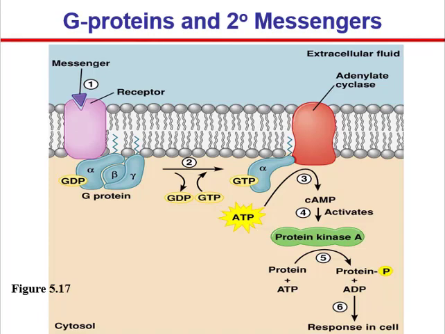And then in step 3, when it reaches the adenylate cyclase, that enzymatic activity burns an ATP for more energy that results in a cascade of secondary messenger events inside the cell. Step 4, cyclic AMP is activated, and its job is to activate protein kinase A, which results in step 5, where intracellular proteins become phosphorylated, causing an overall cellular response.